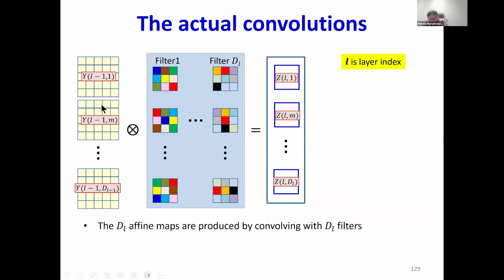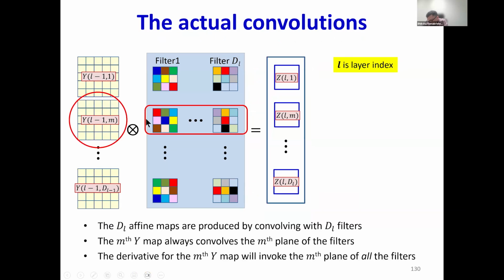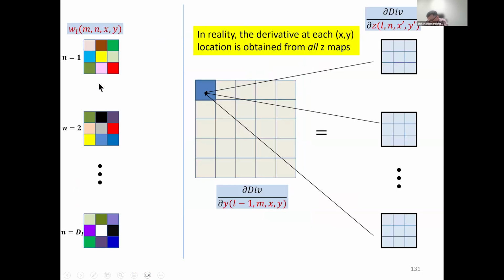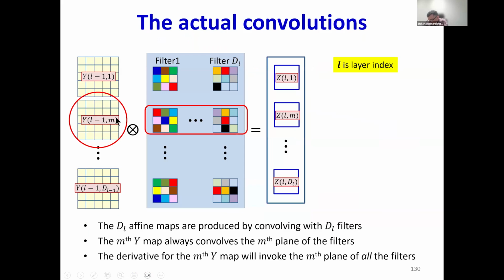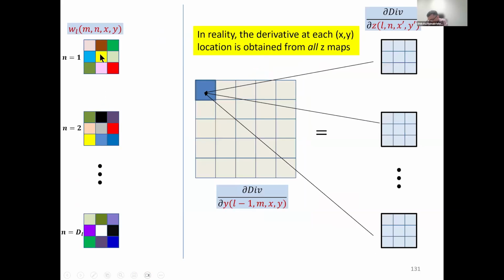So to compute the overall derivative of the divergence with respect to any map, here's what you're going to do. You're going to pull out the corresponding channel of all of the filters. So if I'm computing the derivative for the mth input map, here are the mth channels for all of the filters. And here are the corresponding derivative maps for all of the output channels.